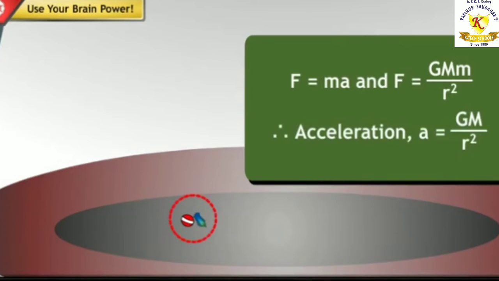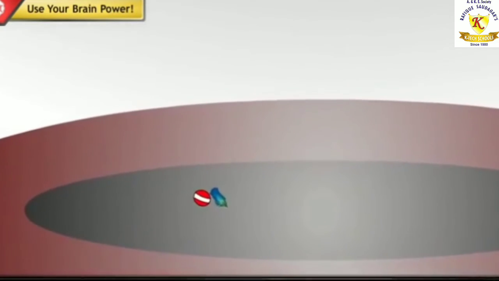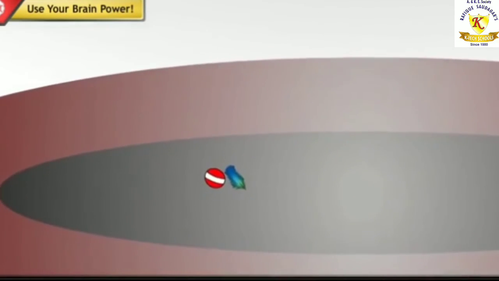Therefore, acceleration a equals GM upon r square. This is independent of the mass m of the object. Hence, an object of a larger mass and an object of a lower mass fall down with the same speed.